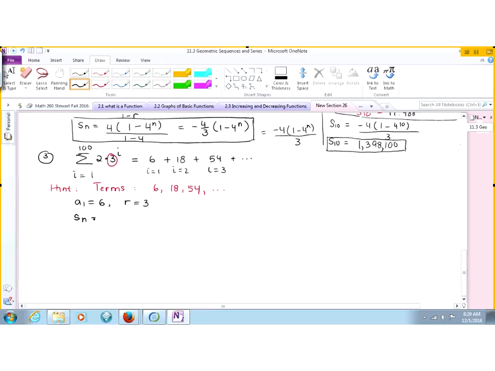Now, what is Sn? Sn is A1 times 1 minus r to the n, divided by 1 minus r. So S of 100 is A1, 6, times 1 minus 3 to the 100, divided by 1 minus 3. What is 6 divided by 1 minus 3?